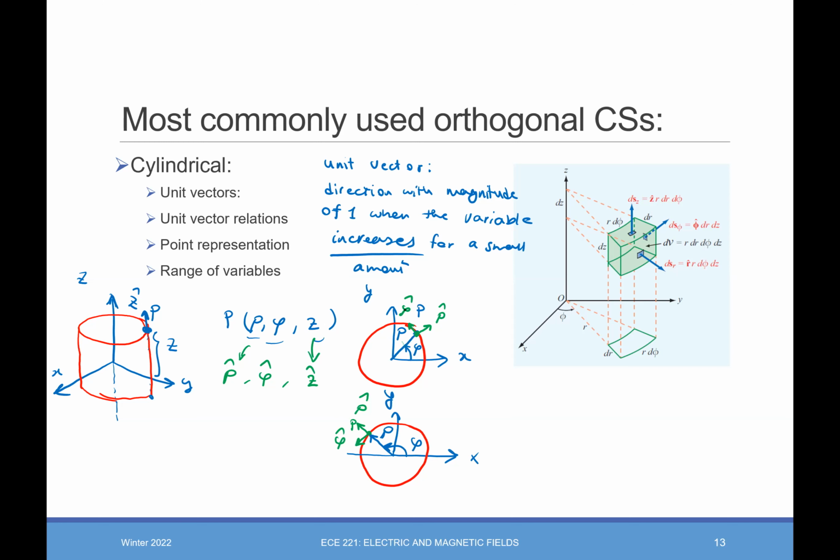Although they're always the unit vectors of this orthogonal coordinate system, they're always orthogonal to each other. So rho hat dot phi hat is going to be 0, rho hat dot z hat is going to be 0, phi hat dot z hat is going to be 0, but their direction changes.